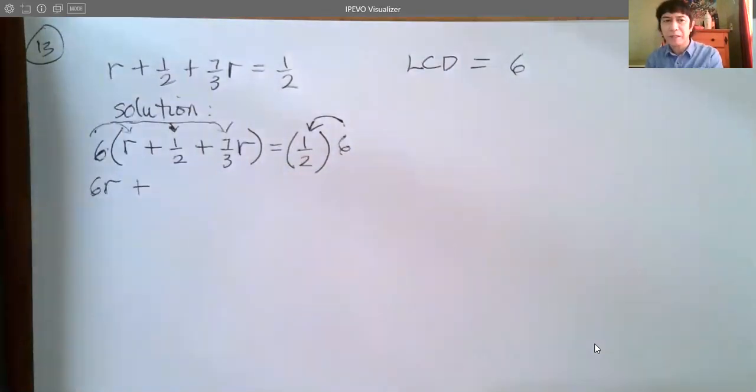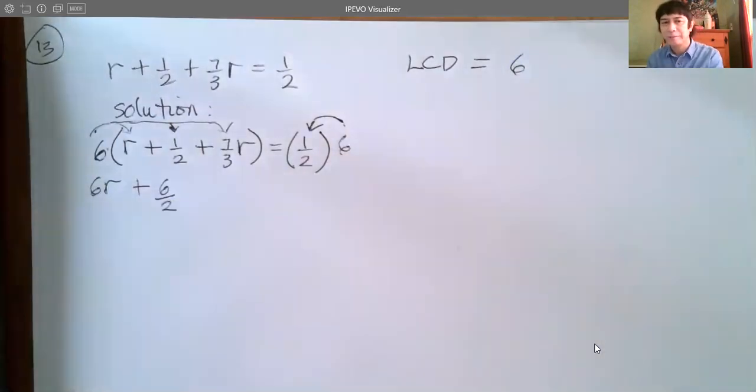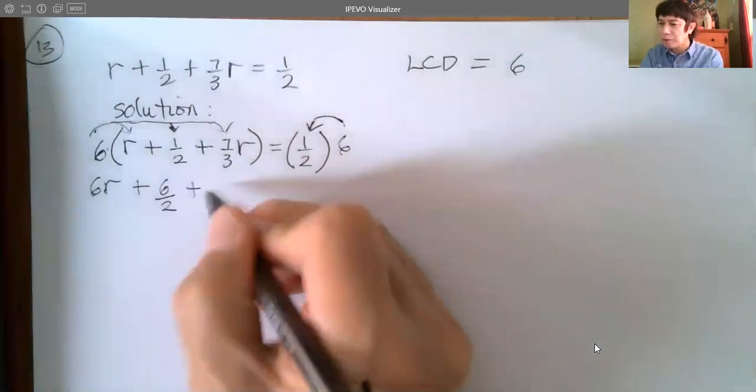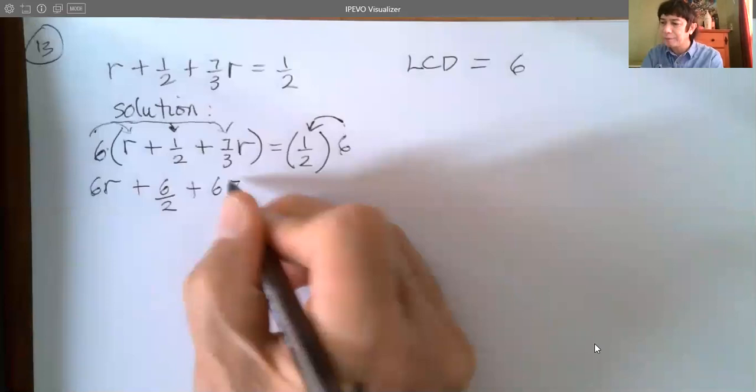Now, multiplying it by fraction, the number 6, which is an integer, will be multiplied by 1. And this will become 6/2. And then this 6 times 7/3R, this will be 6 times 7/3 times R.